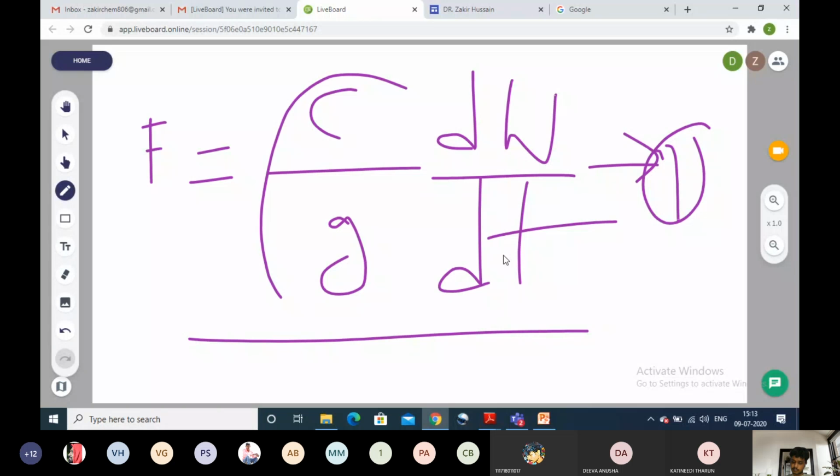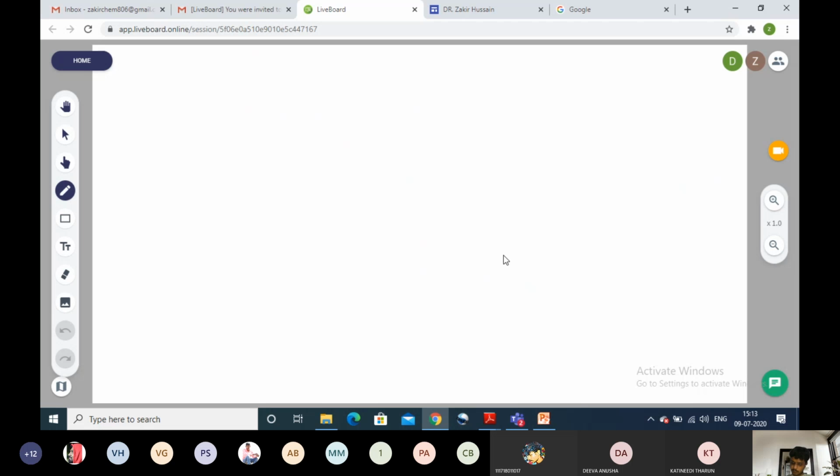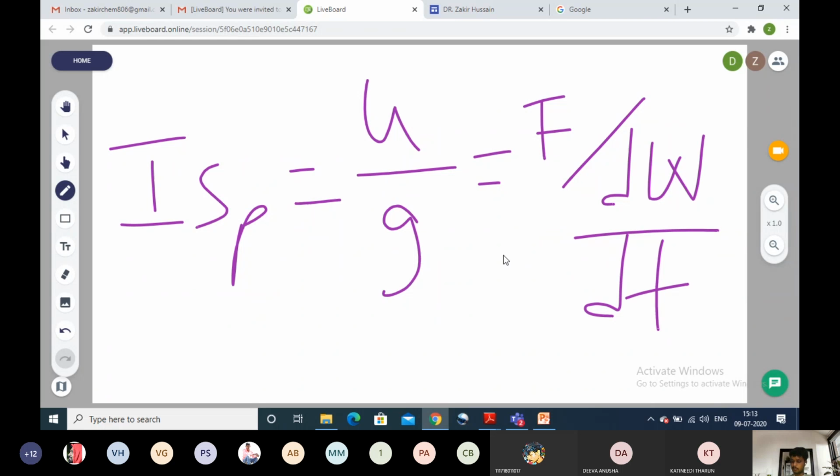This is nothing but Isp according to the definition of specific impulse. So we can write Isp is equal to c by g from the definition, and from equation 7 we can write F by dW by dt.